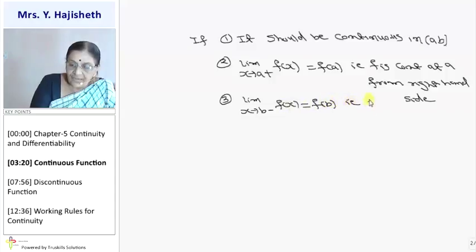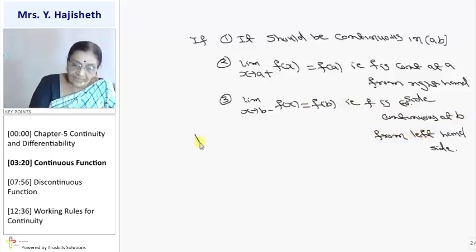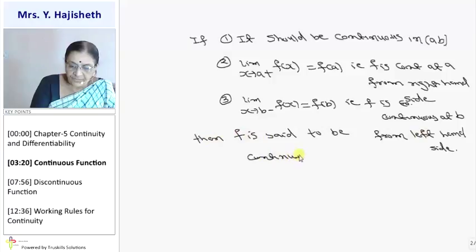That is, f is continuous at b from the left-hand side. Then f is said to be continuous on the closed interval [a, b]. Clear?